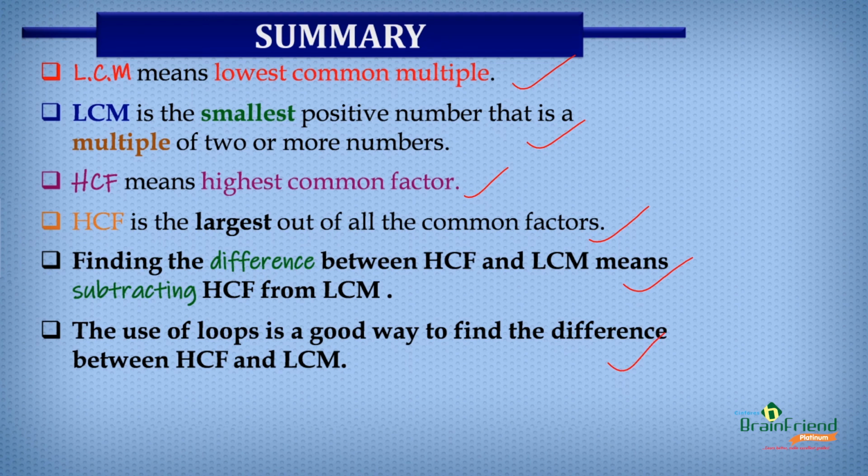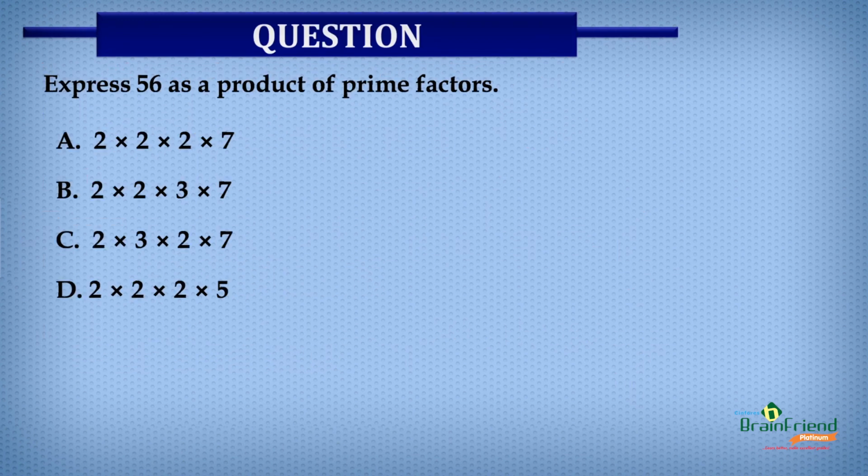Don't be in a hurry to go. I have 2 questions to test how well you understood today's lesson. Question 1 says, express 56 as a product of prime factors. Option A, 2 multiplied by 2 multiplied by 2 multiplied by 7.